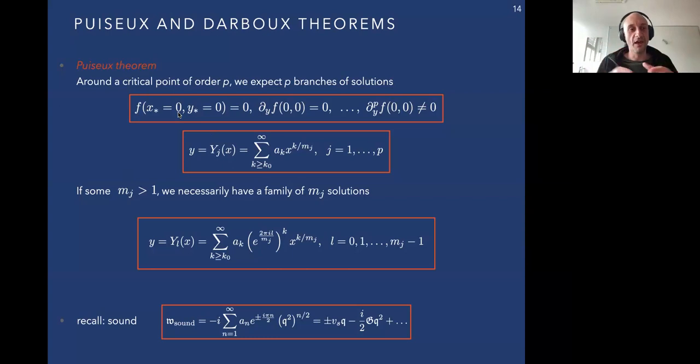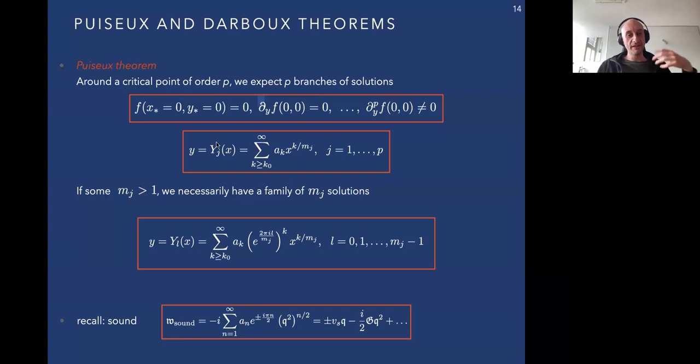So you can think of y as omega and x as q squared. So at 0, 0, this is solved, okay? i.e. I have a gapless mode. Now, the derivative with respect to y at this point is 0, and only the pth derivative with respect to y is non-zero, right? So this I would call a critical point of order 2.